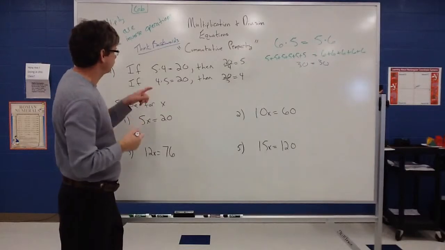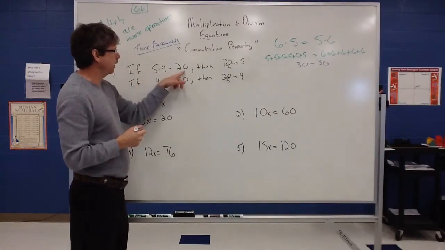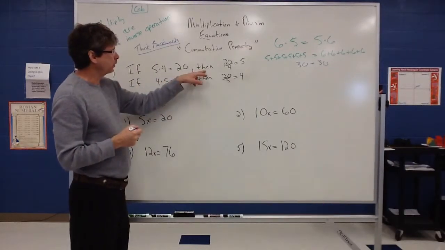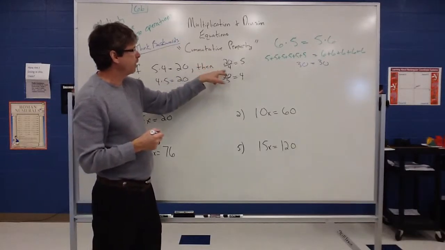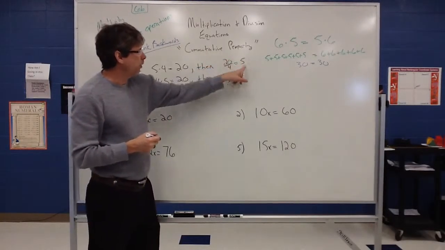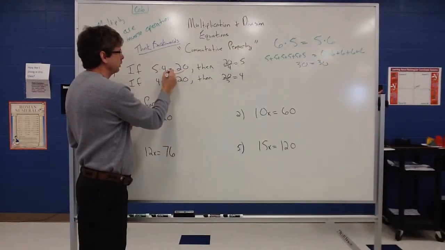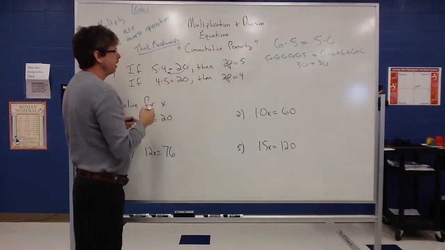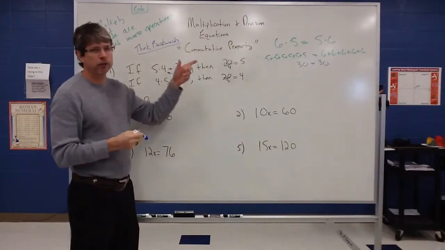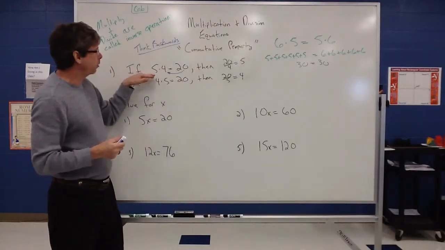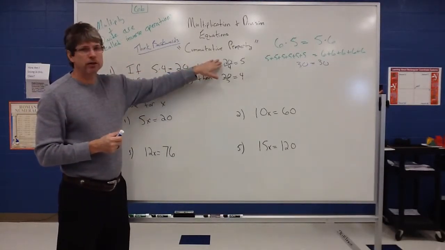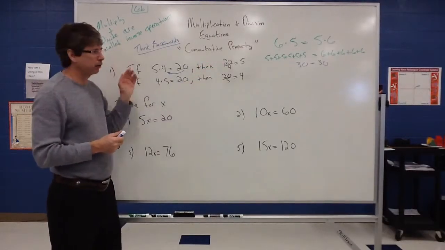For instance, 5 times 4 equals 20. What I can also say then is 20 divided by 4 is 5. This statement comes from going the other direction, starting at the 20, dividing it by 4, and that should give me my 5. That's what we call backwards thinking. So if you have a multiplication problem, you can also make a division problem by thinking backwards.